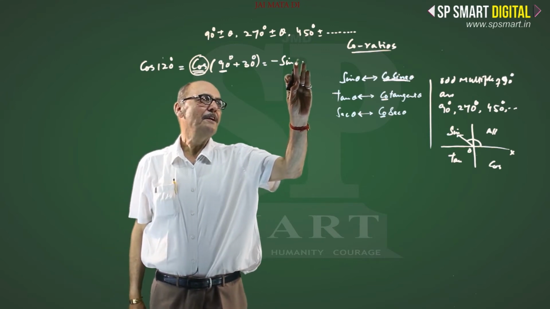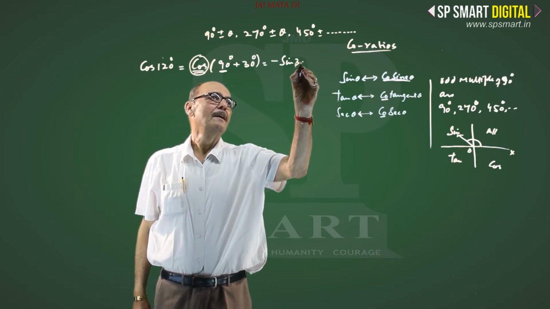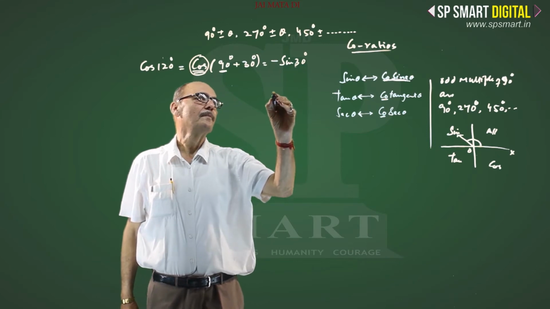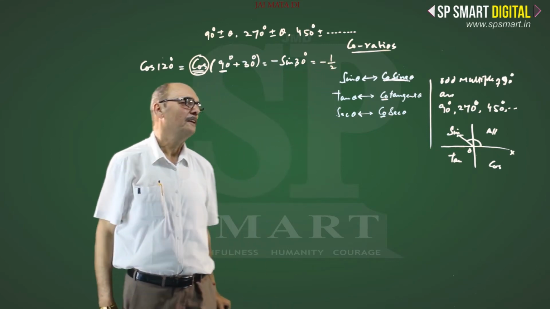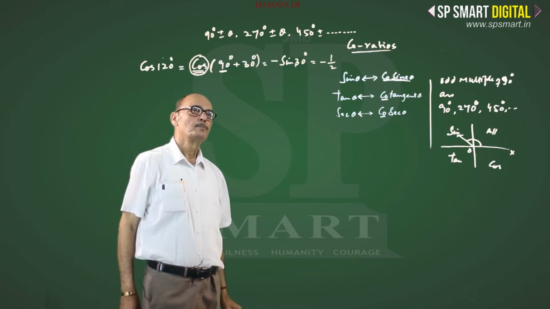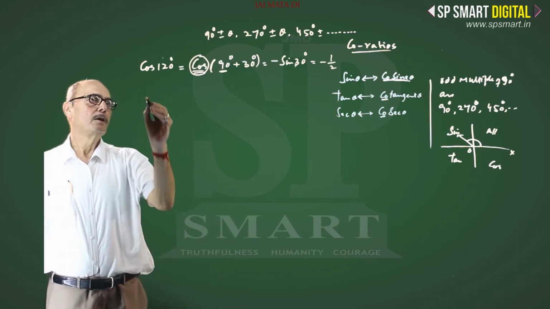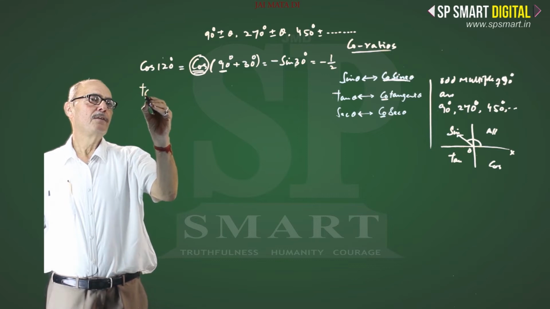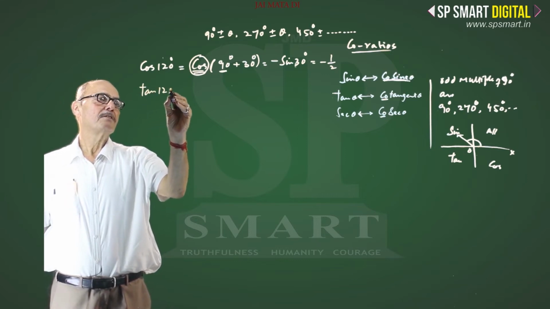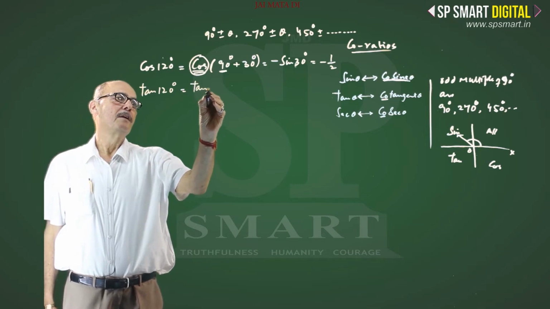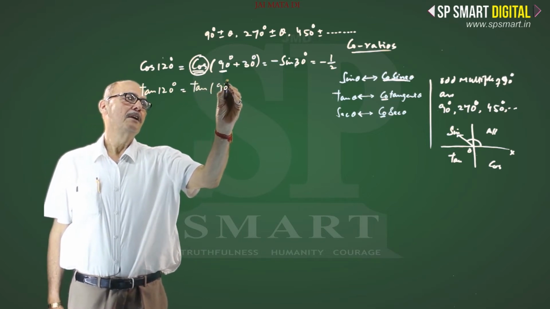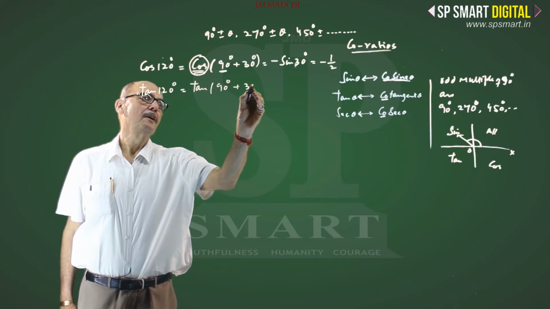So instead of theta we have 30 degrees. So this is minus 1 by 2, because sin 30 degrees is 1 by 2. Tan of 120 degrees, I can write as tan of 90 degrees plus 30 degrees.